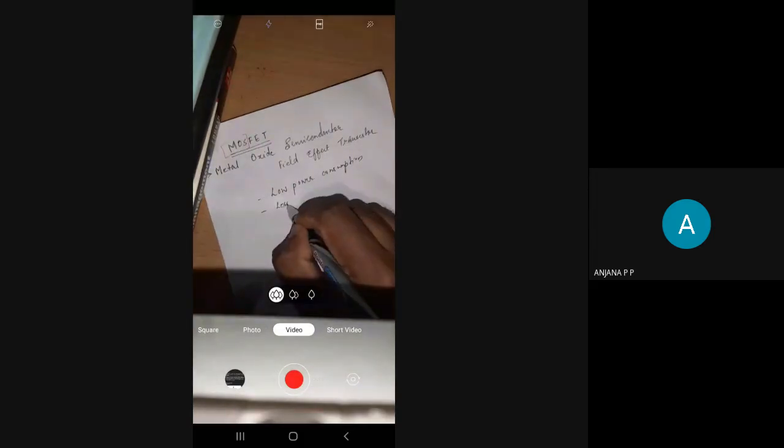Then another advantage of MOSFET is that they have less area of occupancy. Low power consumption, less area of occupancy. So these are the two major merits based on which we are using MOSFET in IC technologies.